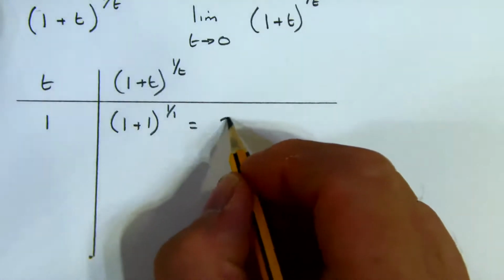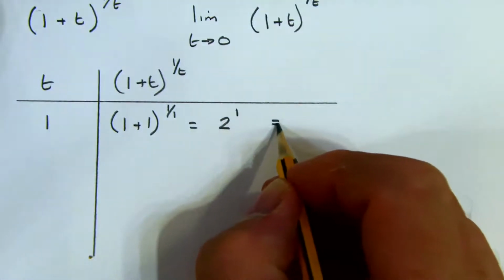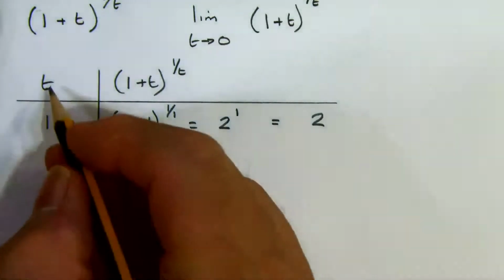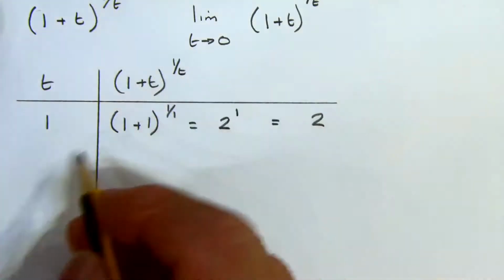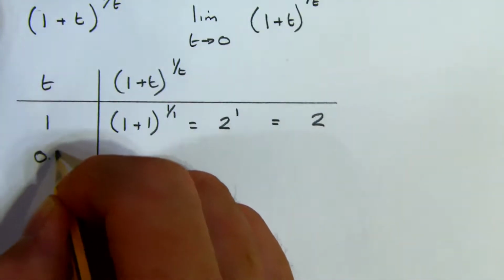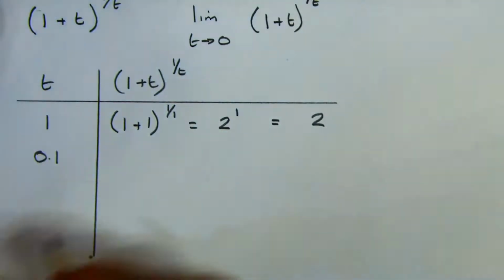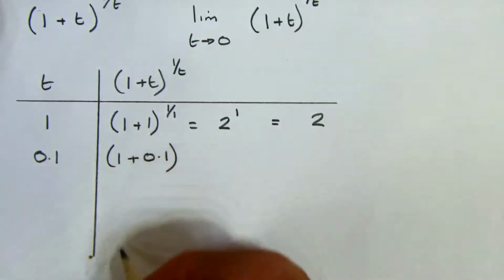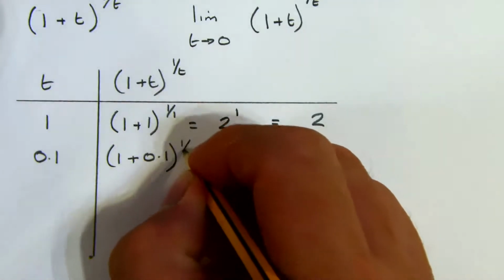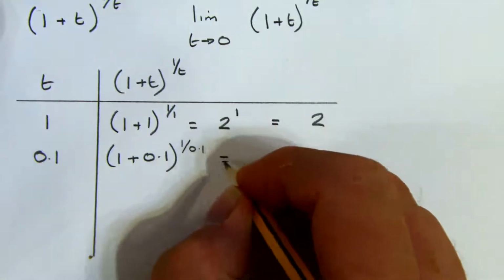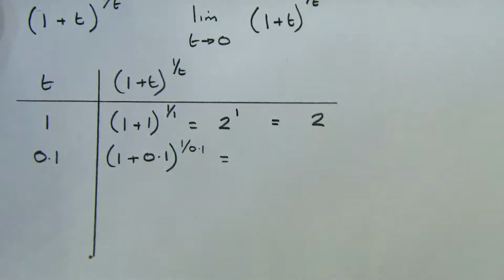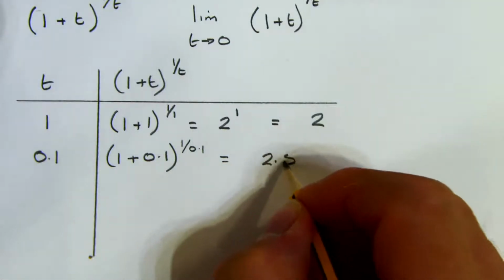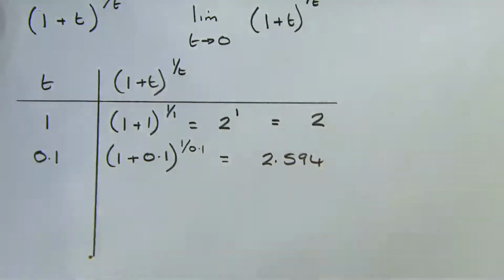This is going to give me 2 to the power of 1, which is 2. We're going to tend t to 0. So let's take t as a much smaller number, 0.1. This is going to be 1 plus 0.1 to the power of 1 over 0.1. For this, we need to put it into the calculator, and the calculator comes out with 2.594 and so on.